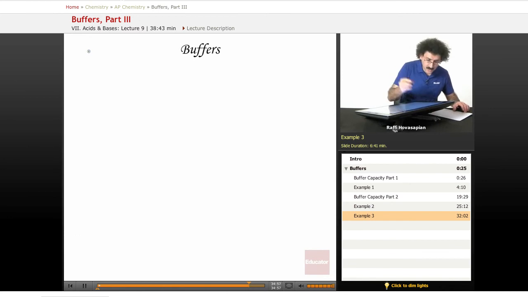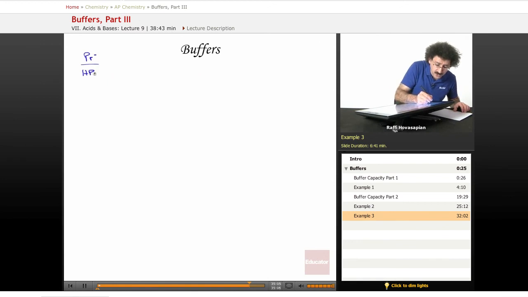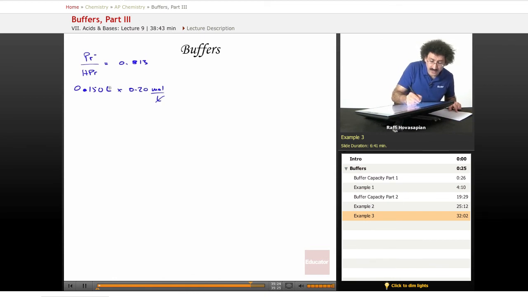Well, actually let me use the actual identities of the species. We know that our ratio of propanoate to HPr is equal to 0.813. Okay. Well, I have 0.150 liters, that's 150 milliliters, times 0.20 moles per liter of the propanoic acid.